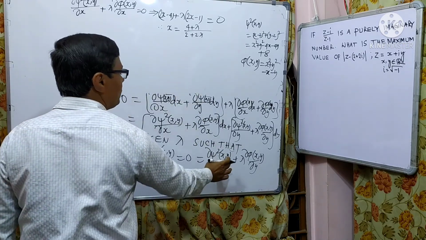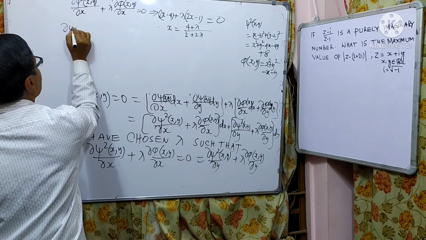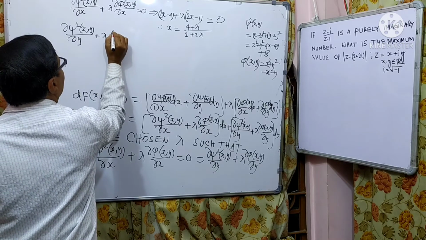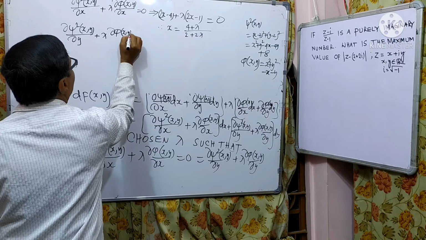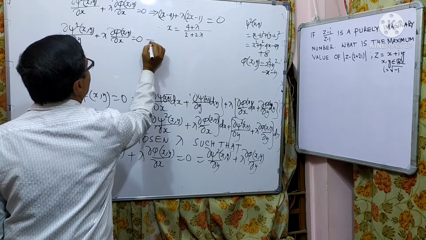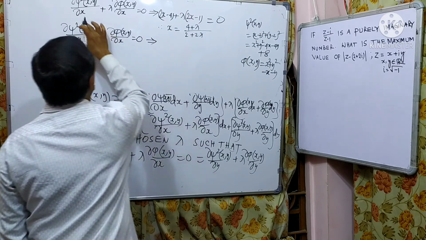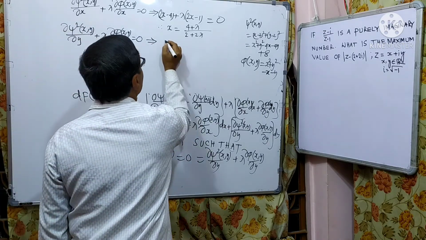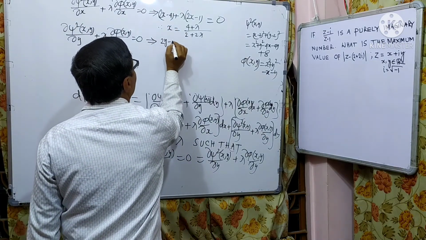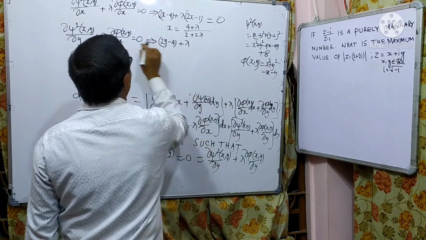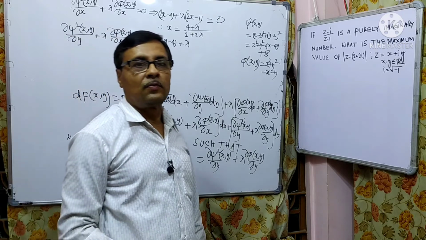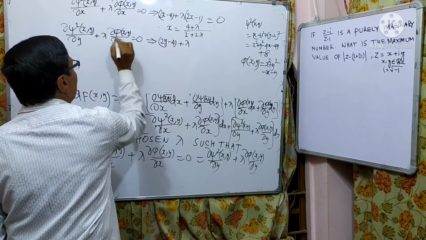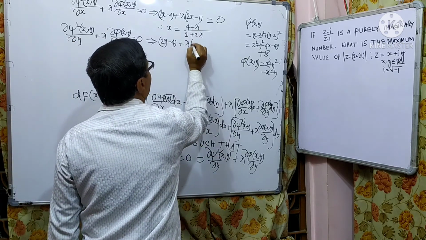And also from this equation, that is del psi square xy over del y plus lambda del phi over del y equal to 0, the partial derivative of psi square xy with respect to y is similarly 2y minus 4, plus lambda into the partial derivative of phi with respect to y, which is 2y minus 1.